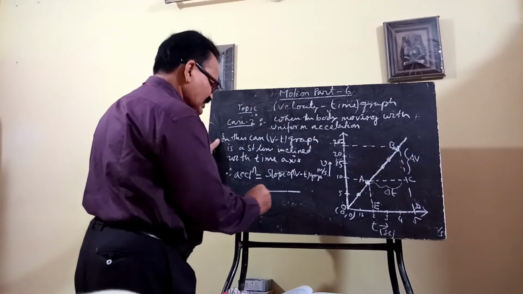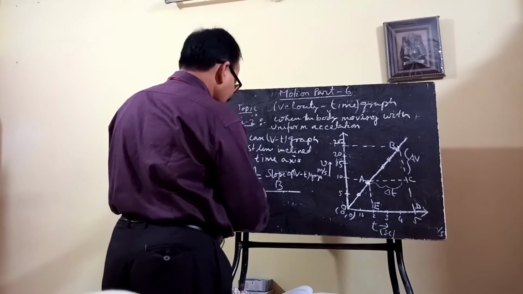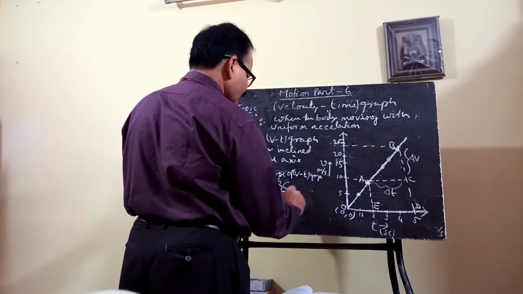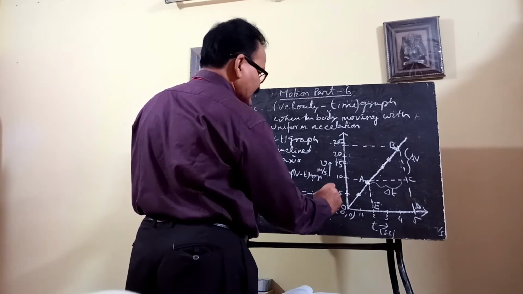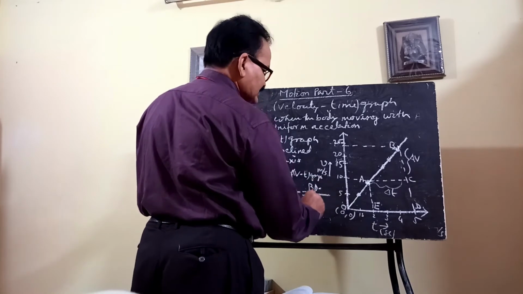Clear? So in this case, you see the slope can be determined. Acceleration A will be BC by AC. BC can be written as BD minus DC.